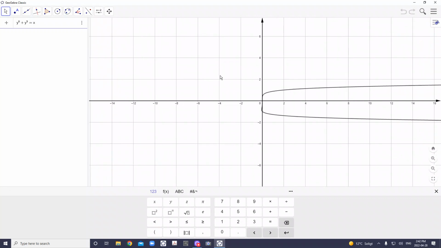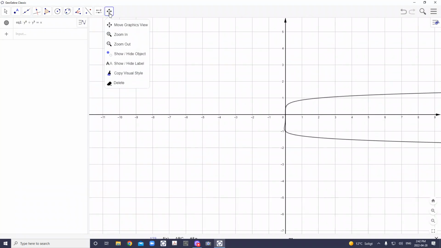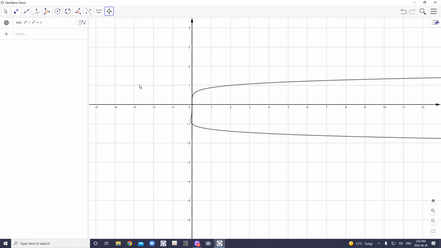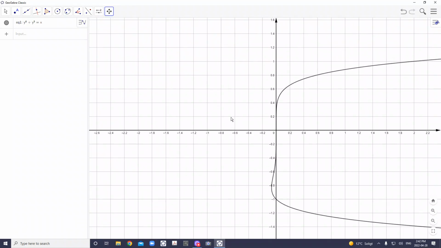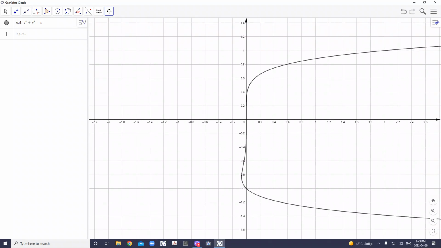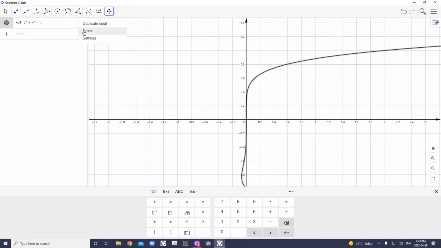Let me see, if we zoom in, what happens. Is there something beautiful coming out? The behavior is strange. Could you predict that something like this would happen? This is a function, and you can talk about its properties, of course.